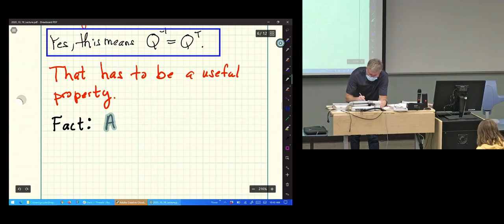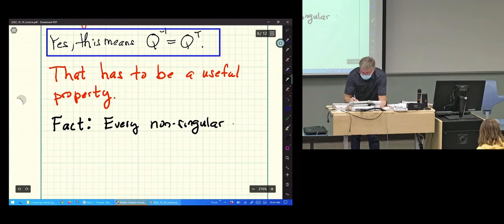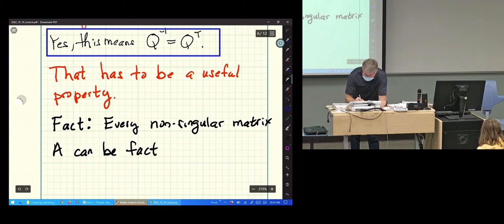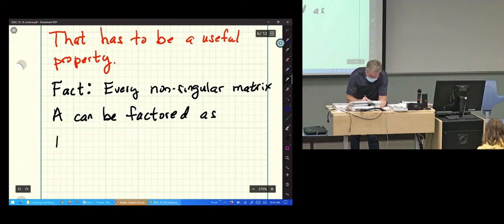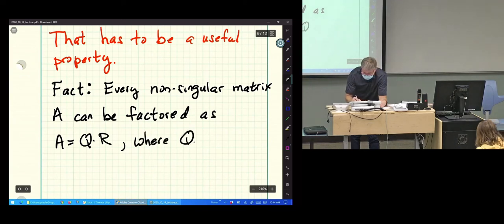Every non-singular, that means its determinant is not equal to 0, every non-singular matrix A can be factored as A equals Q times R, where Q is, I'll let you catch up.